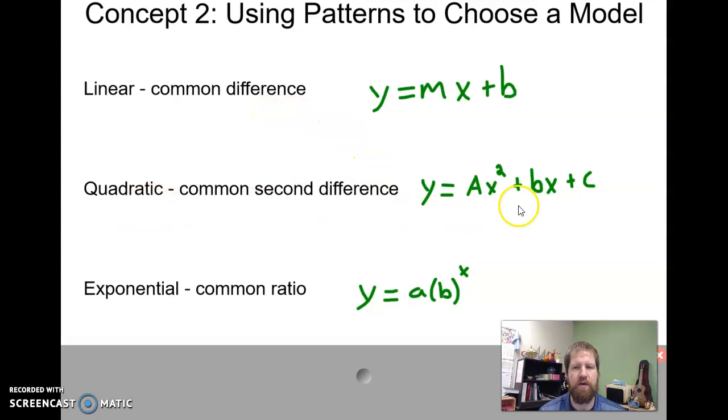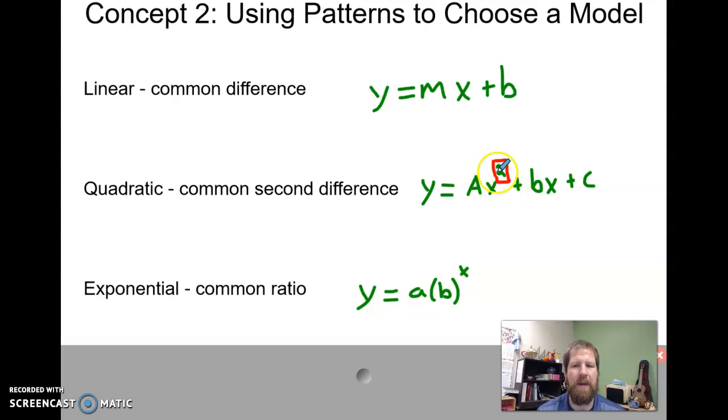For our quadratic equation, because we have a square, what we're looking at is not necessarily the first difference, but the second difference, the difference between the differences. Because we're going to be squaring that x value, we are going to be increasing or decreasing by a certain amount and a certain amount more each time.